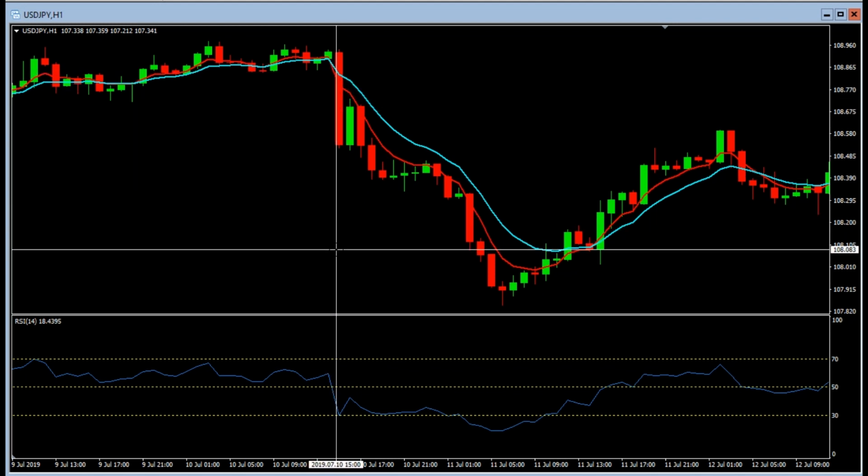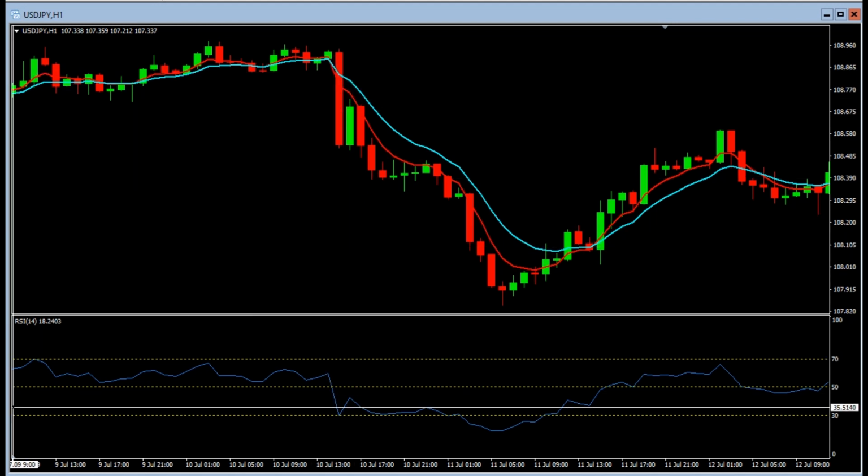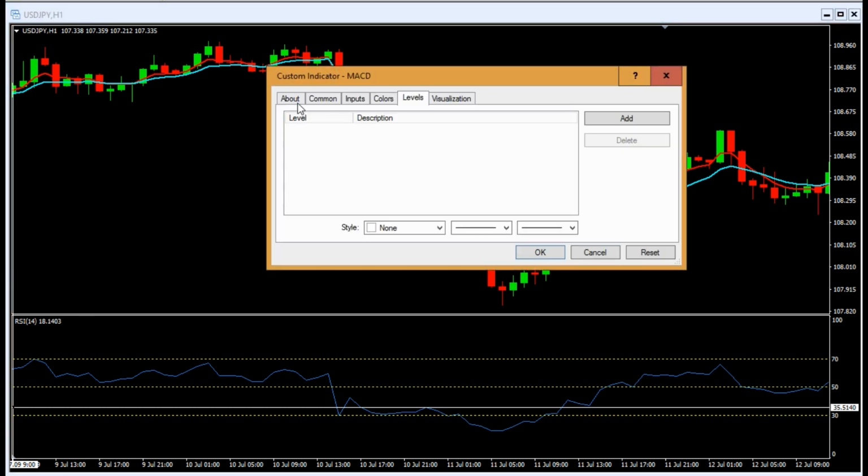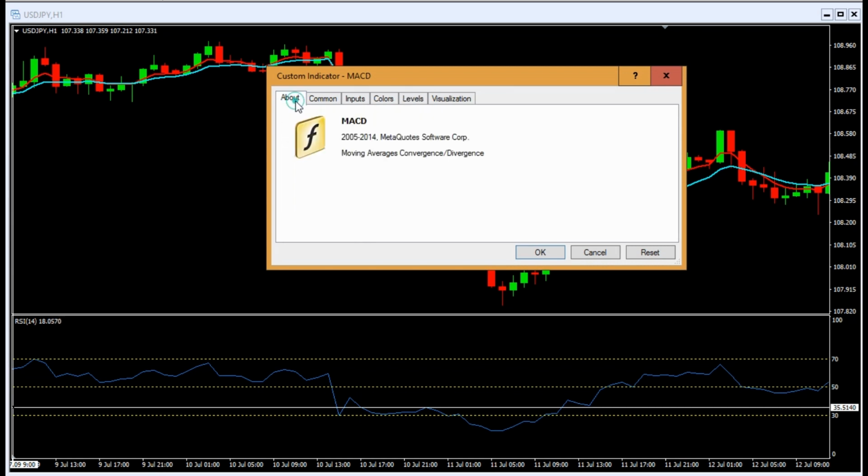Today, being part 3, I'm going to add one more indicator, called the MACD. MACD stands for Moving Average Convergence Divergence. Make sure you have checkmarked allow DLL imports.